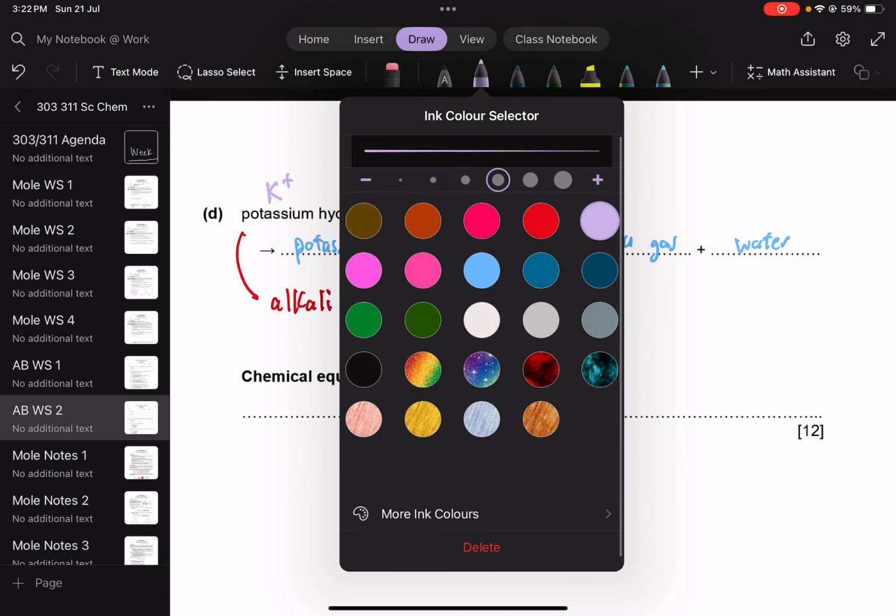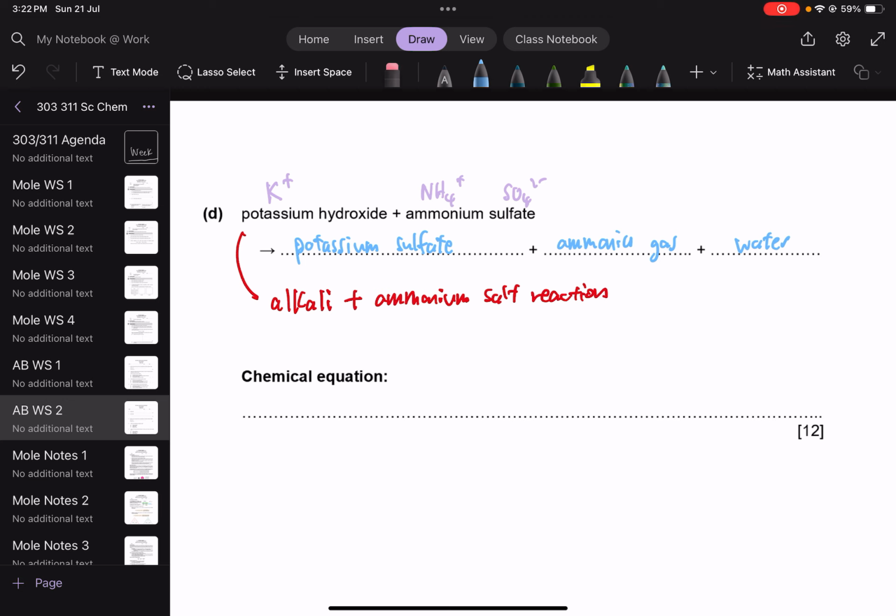So similarly, now let's try to write all the chemical formulas of the products and reactants. So potassium hydroxide should be KOH because of the K+ and the OH- ions. Next, for your ammonium sulfate, the ammonium ion is NH4+ and the sulfate ion is SO4 2-.